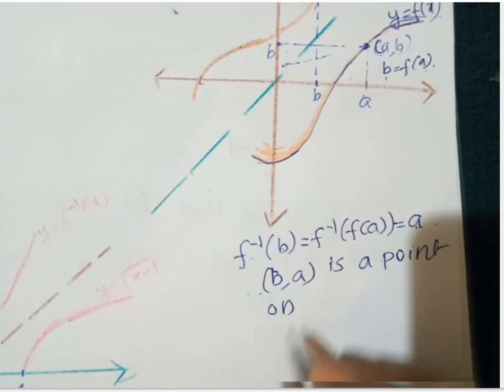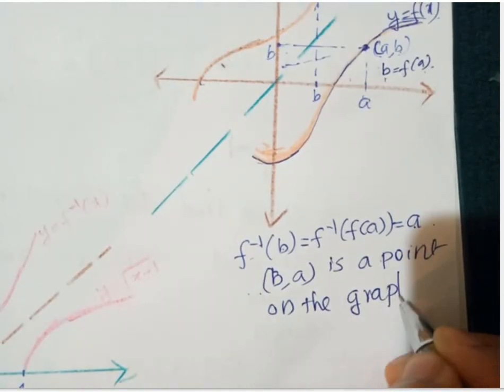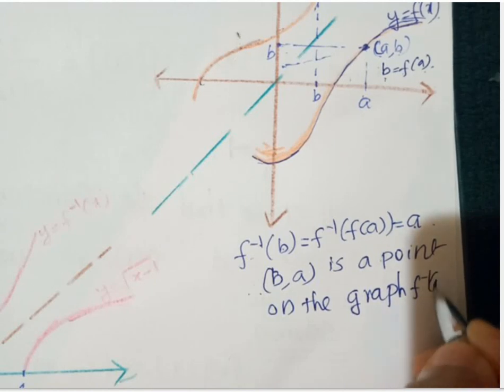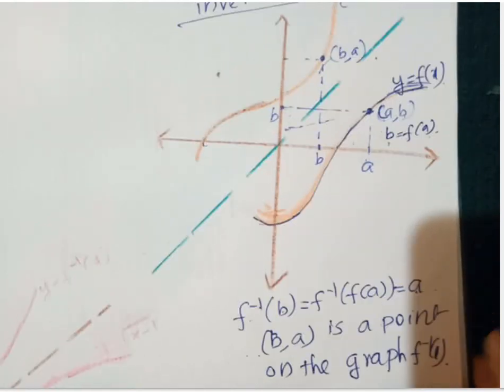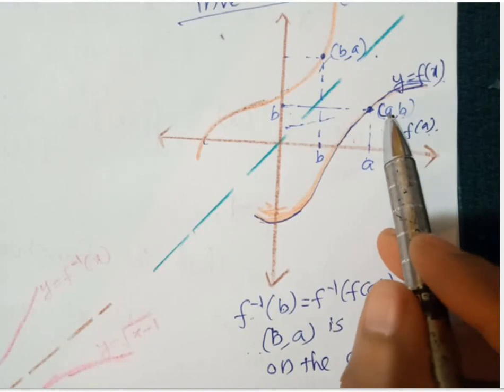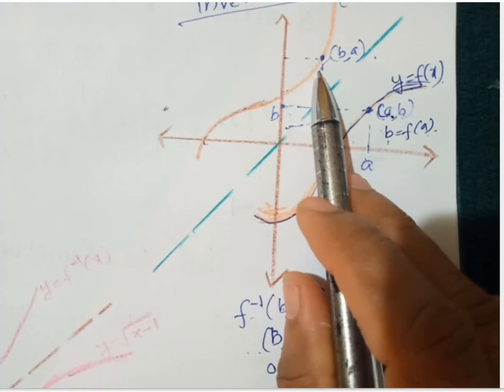on the graph f inverse of x. So if (a, b) is a point on the graph, then (b, a) is a point on the graph of f inverse of x.